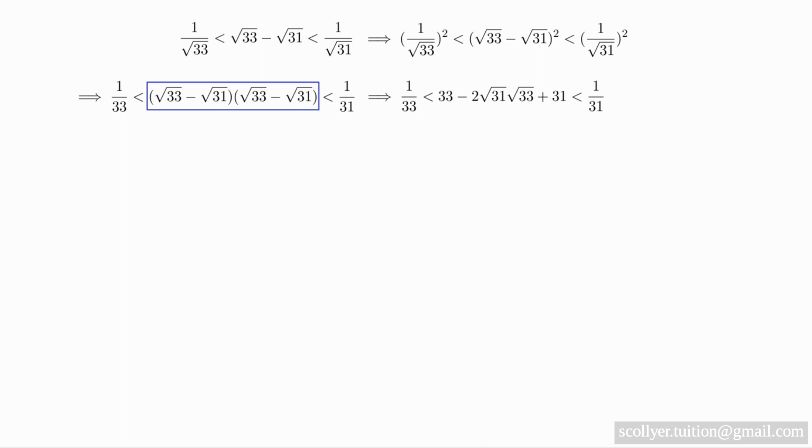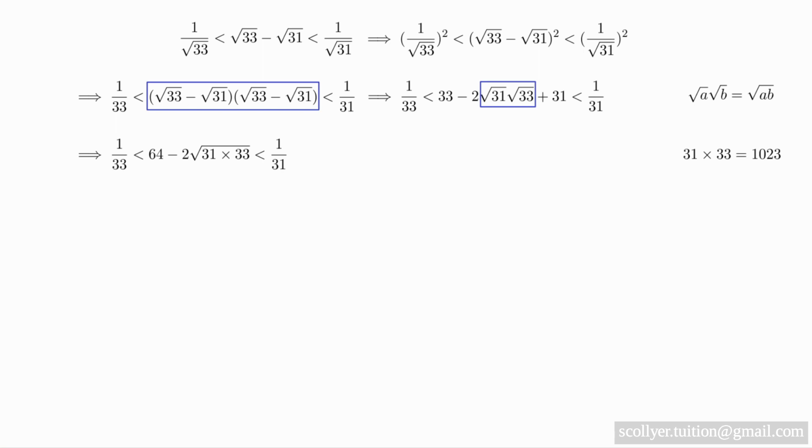And now we recall that root a times root b equals root ab, and we apply it to the expression in this blue box to give 64 minus 2 times root 31 times 33 lies between 1 over 33 and 1 over 31, where we have also added 33 and 31 from the previous expression.